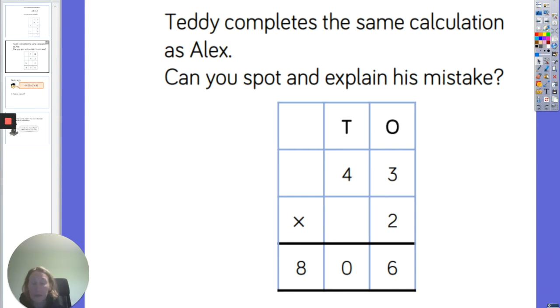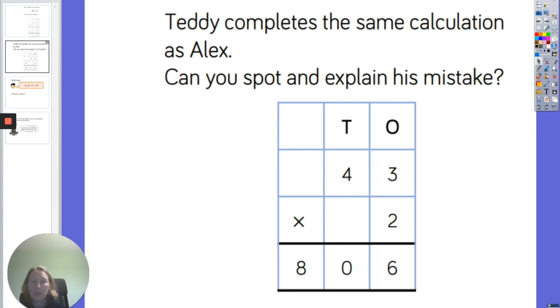Now 4 tens times 2 is 80, but if you think about it, this is already our tens column. So you don't need to have this 0 here, okay? Because your 0 for 80 would be in your ones column. So what he needed to do is put his 8 in the tens column, and then he'd have got the same answer as Alex would have done if he'd done it correctly, which would have been 86.